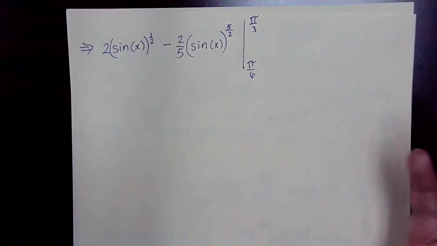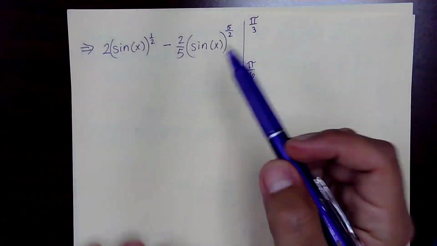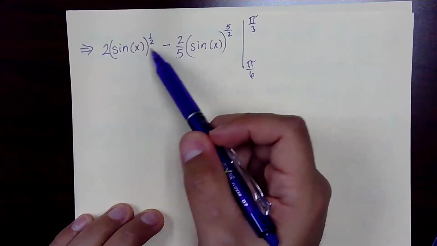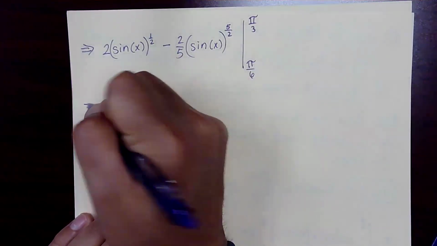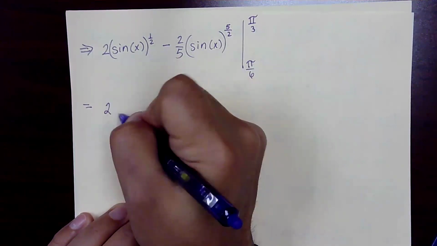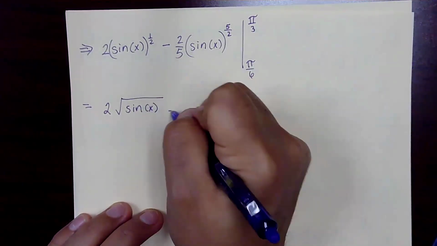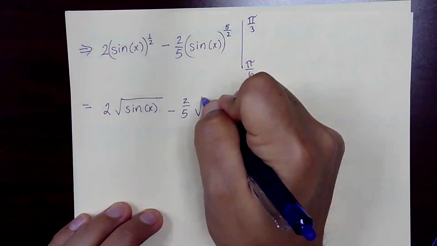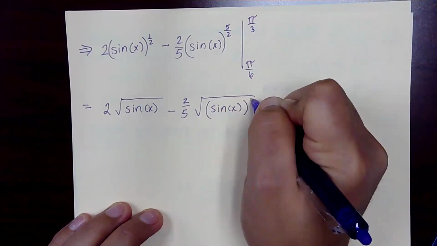And you could do this obviously in the calculator. Whenever I'm dealing with trig functions, this is just my personal preference, I kind of don't like having trig functions with these fractional powers. So if you wanted to convert this to 2 square root of sine x minus 2/5, and then this is going to be the square root of sine x to the 5th power.